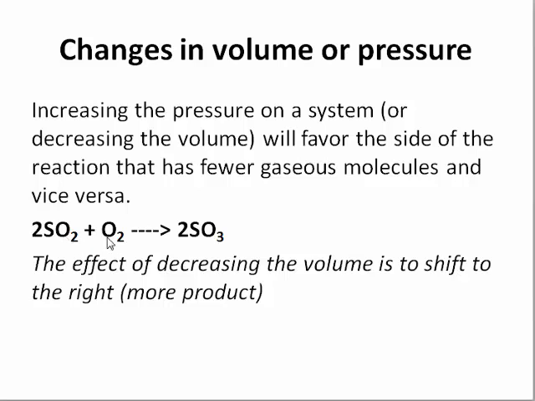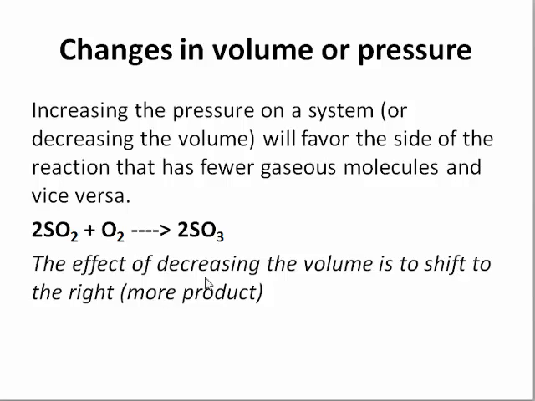Consider this reaction, for example, in which 2 moles of SO2 gas and a mole of O2 gas react to make 2 moles of SO3. There are 3 moles of gas on the left, 2 moles on the right.